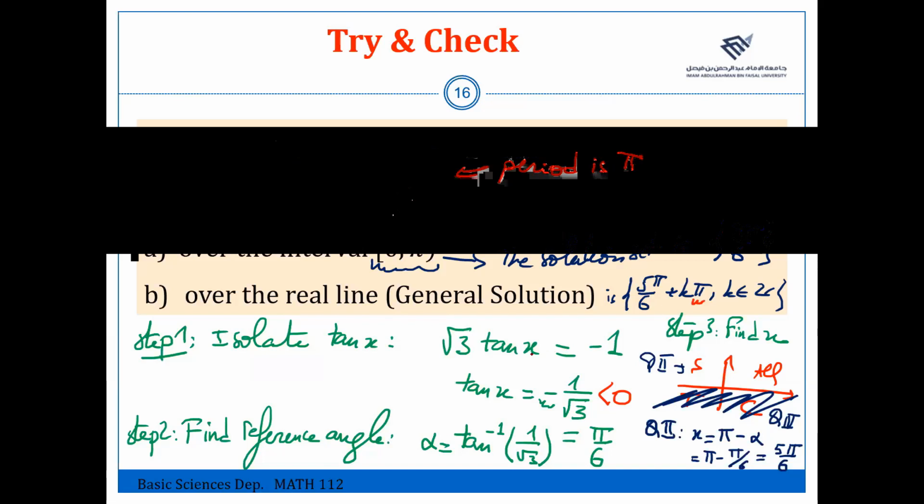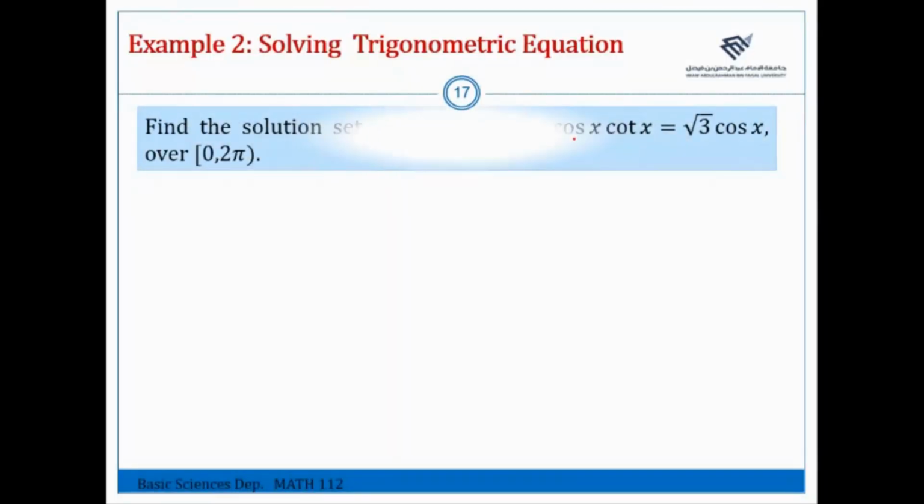And that's it. So this is for the first kind of trigonometric equation. And more in the second or third kind. So if you do this equation here, how many functions do you have?